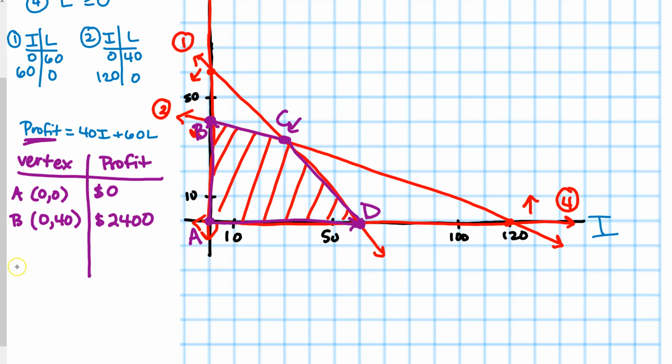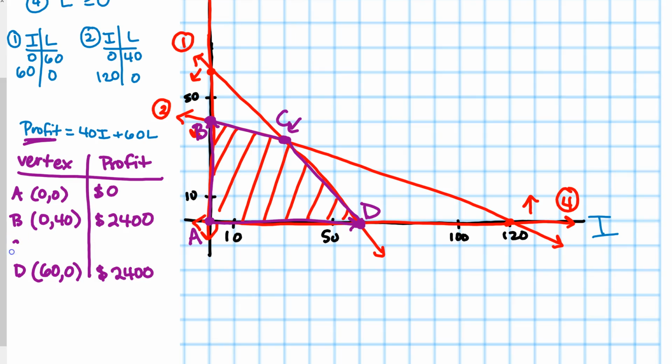I'm going to come back to point C. Let's do point D since we already know it. That's the point 60, 0. So $40 for every inkjet printer times 60 printers, plus $60 for every laser printer times 0 printers is also $2,400.